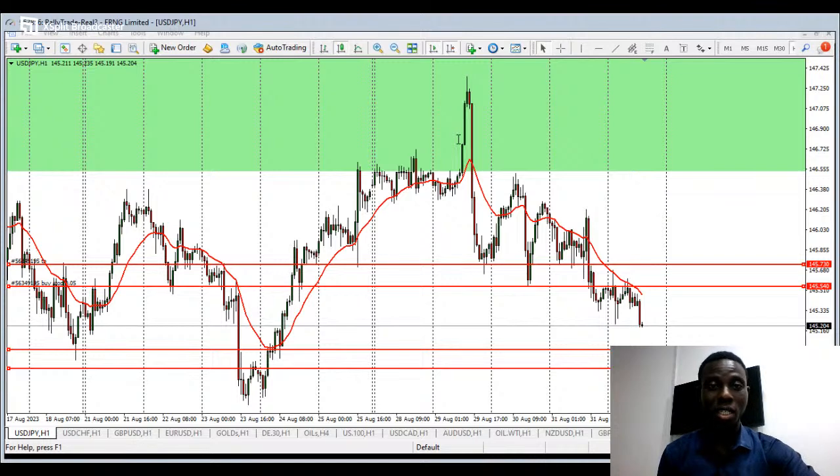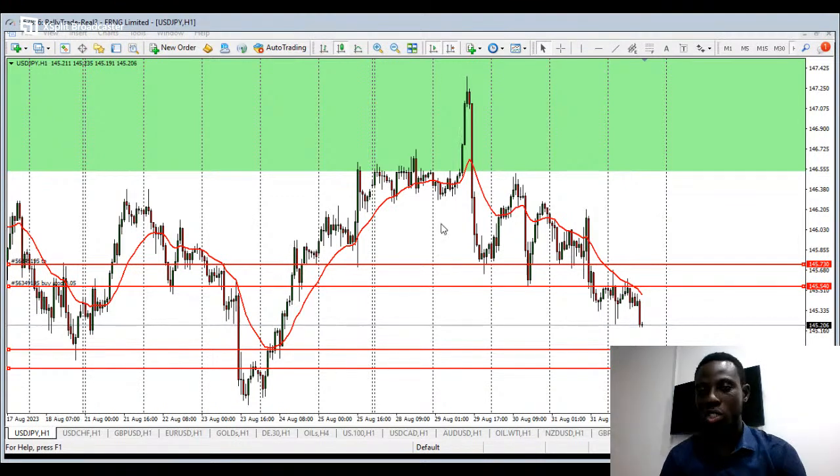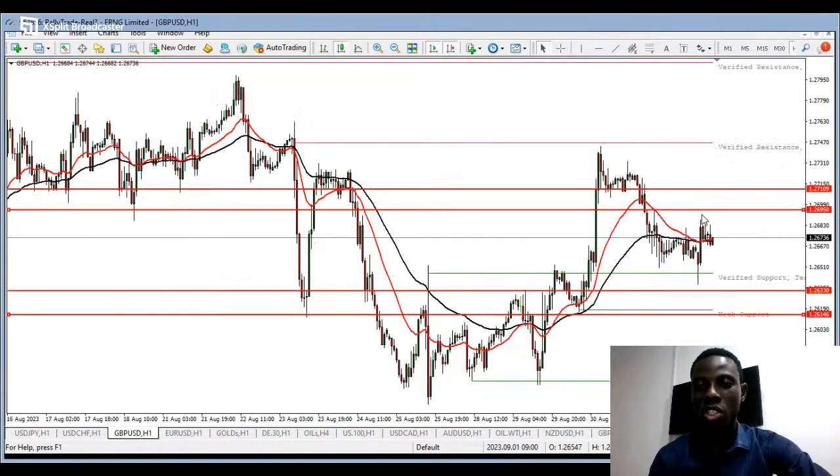Let me come again: my sell stop entry price at 144.998 and my take profit at 144.835. Okay, so those are my entries for both the buy and sell.